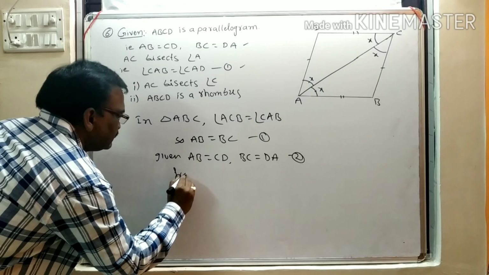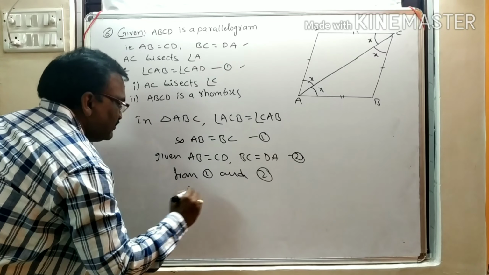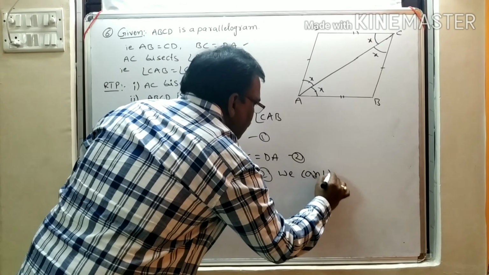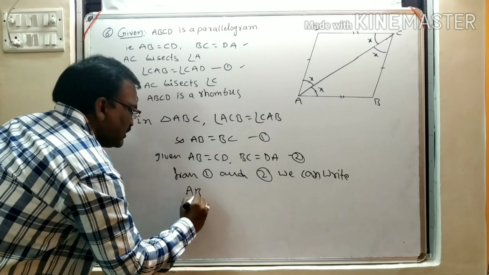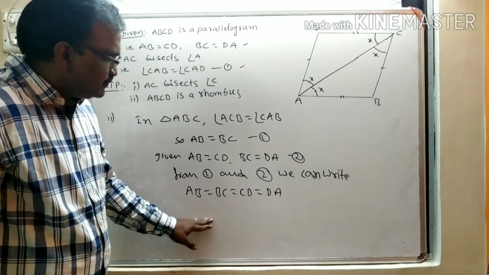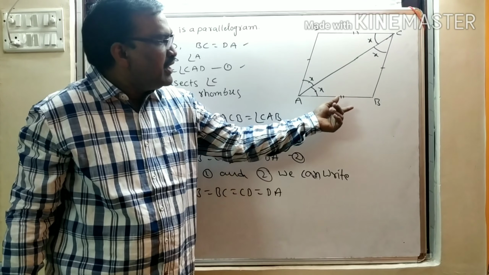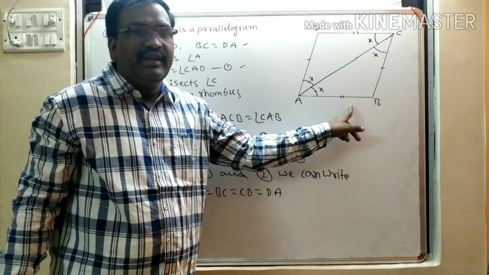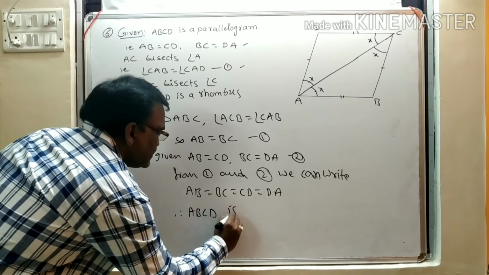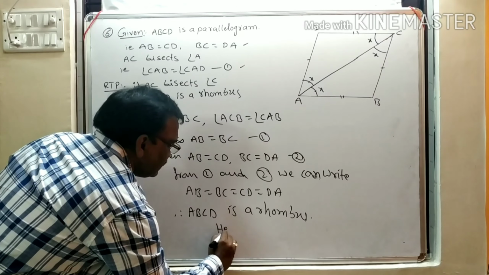So we can write AB is equal to BC is equal to CD is equal to DA. Already ABCD is a parallelogram and all sides are equal. So a parallelogram in which all sides are equal is a rhombus. Therefore ABCD is a rhombus. Hence proved.